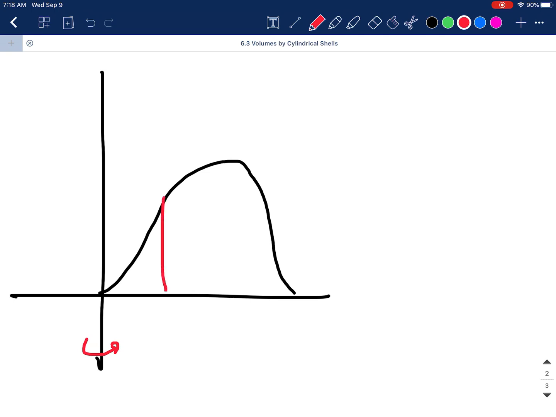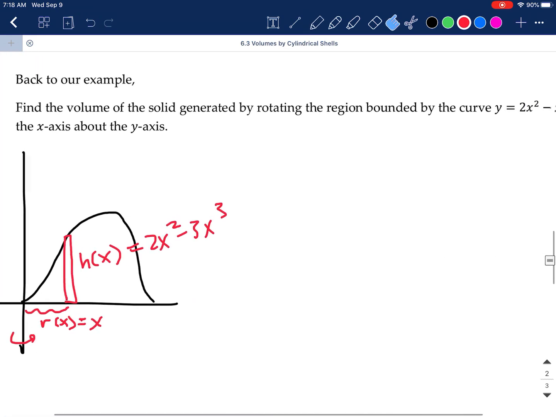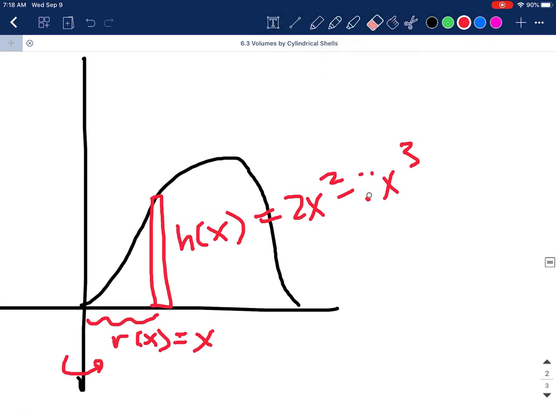If we take one particular cross-section that we're looking at, we can see that r of x is just x, since our distance from the y-axis is just x. The height h of x is going to be 2x squared minus x cubed. All right, and so we're done.